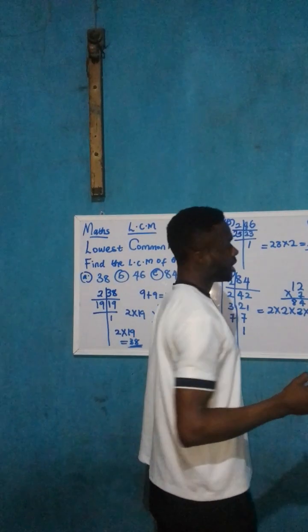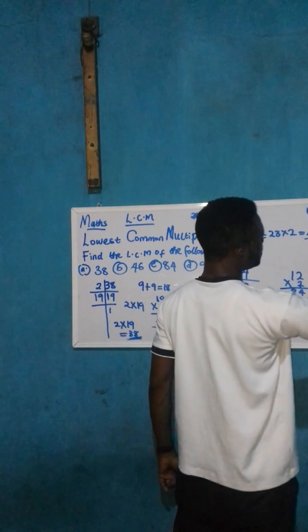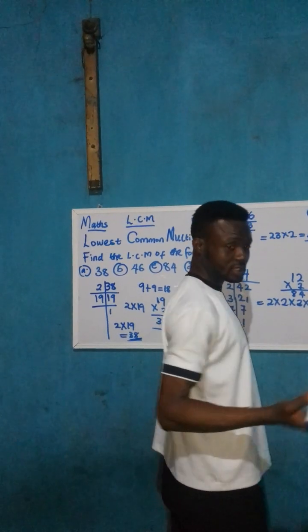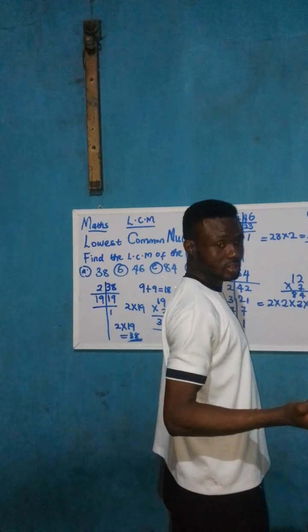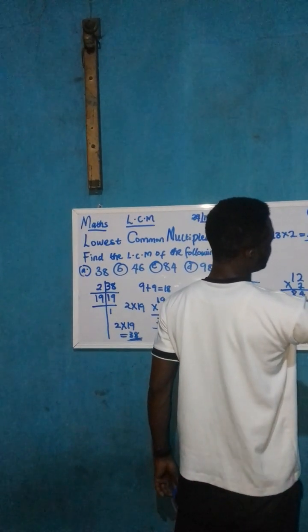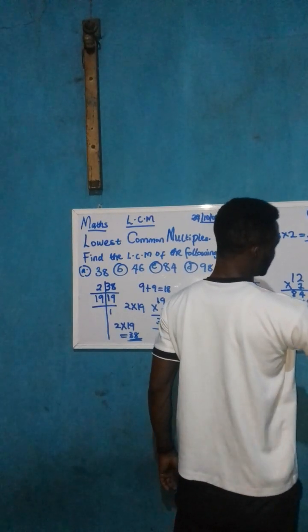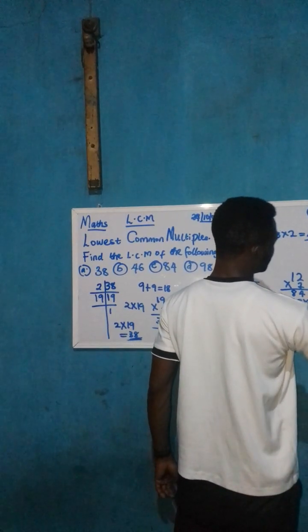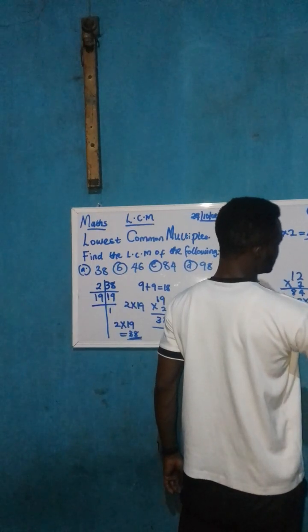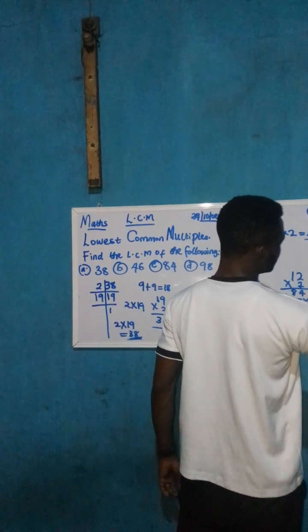Now, what can go inside now without remainder? We use 7. 7 times 7 is what? 49. So 7 in 49 is 7. And then we use 7 again. 7 in 7 is 1. So the lowest common multiple here is 2 times 7 times 7, which is equal to 98.